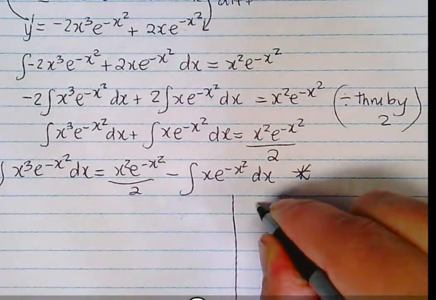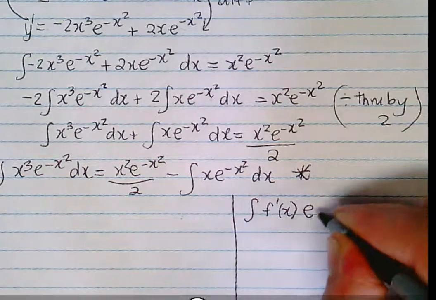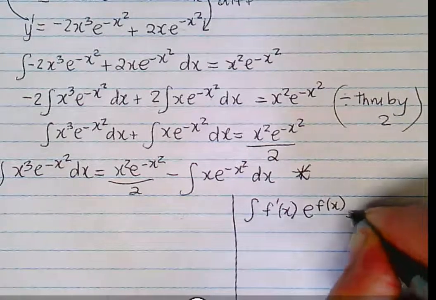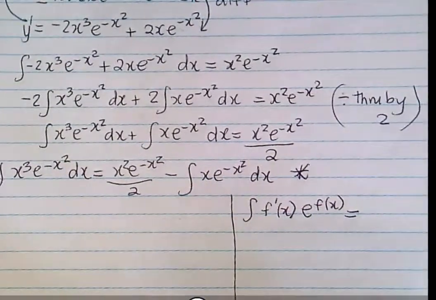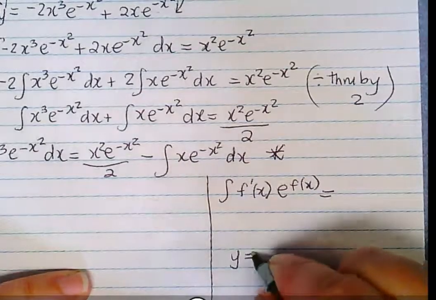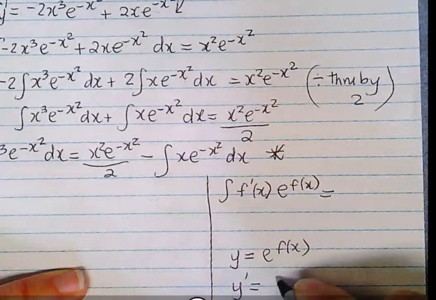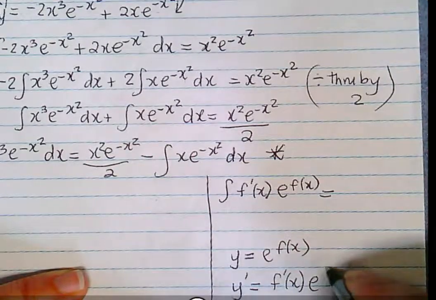I'm going to work on the side over here to evaluate the integral of x e to the negative x squared. Now, what we know is how to integrate f dashed x e to the function of x. Actually, I'll explain why. If y equals e to the function of x, then y dash, the first derivative, is f dashed x e to the function of x.